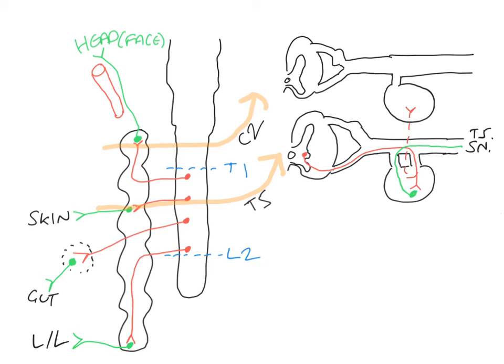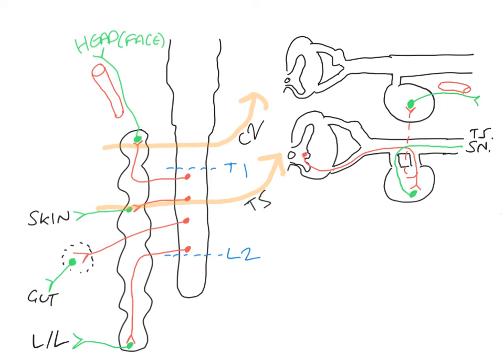What we've drawn on the left is we showed how we get a synapse in the uppermost part of the sympathetic chain on a postganglionic neuron, and then that sends a branch directly out of the sympathetic ganglion, which runs along a blood vessel to get to the skin of the face.